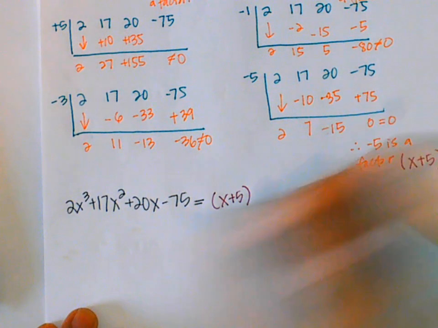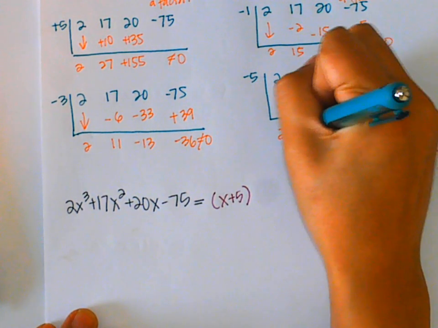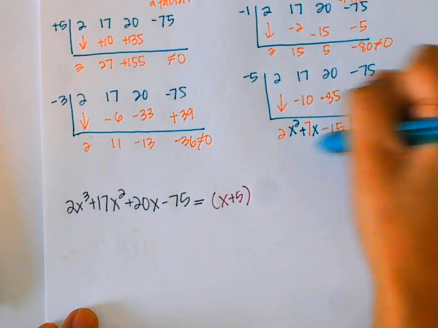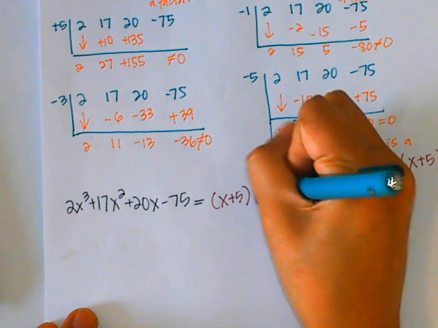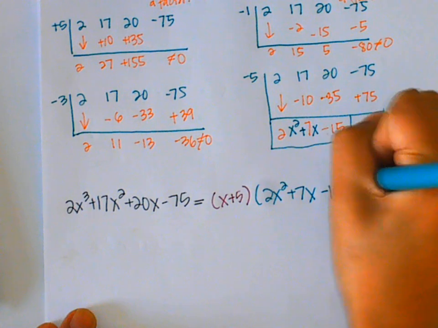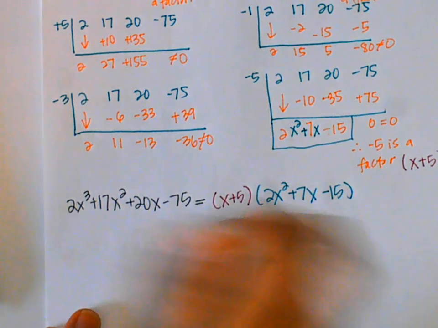So remember, I'm going to drop one of the exponents. So from 3, I'm going to go to 2. And that becomes my equation here. All right, this part is already factored, but now I have to try to factor this part here.